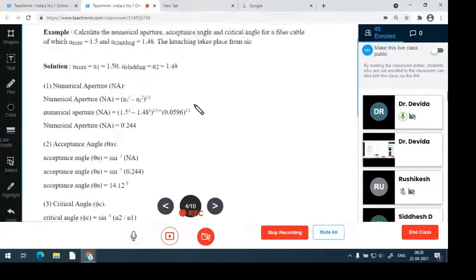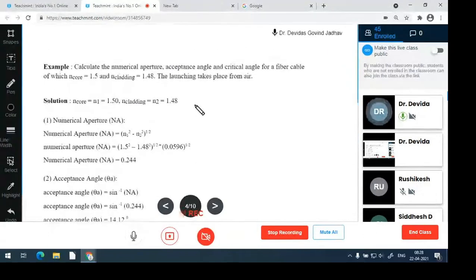Now the fourth problem. Calculate the numerical aperture, acceptance angle, and critical angle. Same calculations.